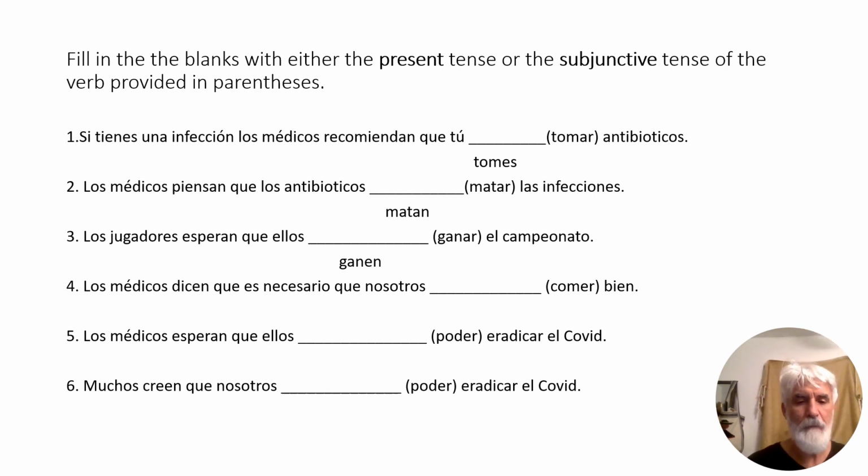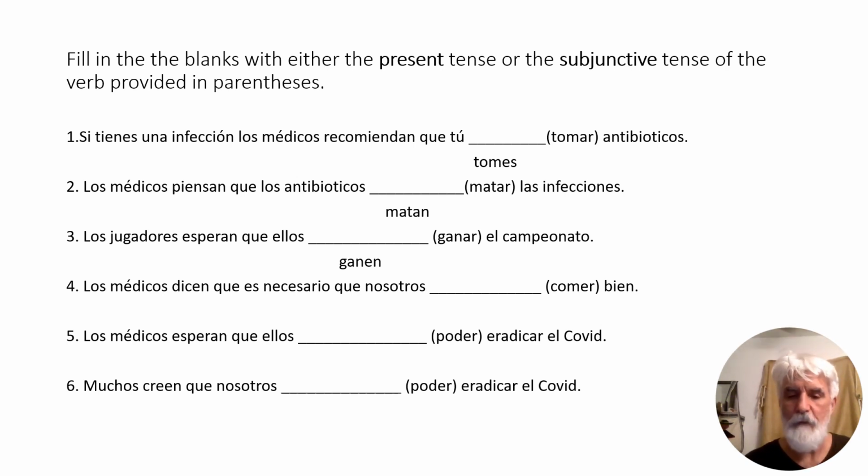Look at the next one. Los médicos dicen que es necesario que nosotros comer bien. So it's saying the doctors say that es necesario que, it's necessary that we eat well. Are we going to use the subjunctive here or just the plain present tense?